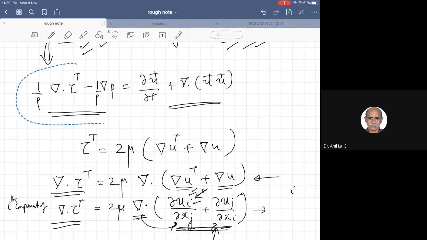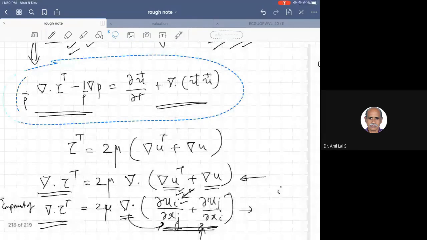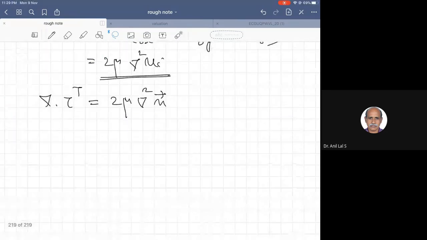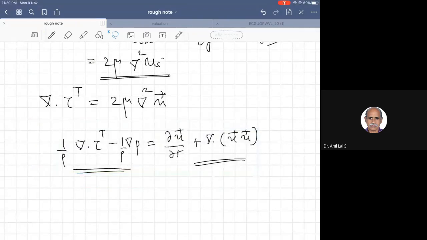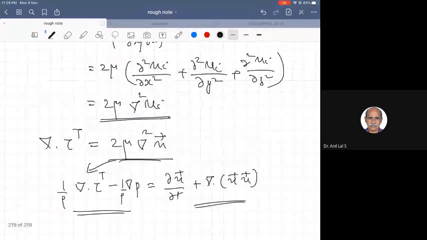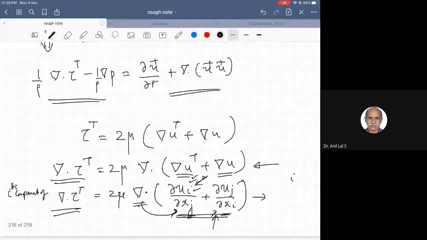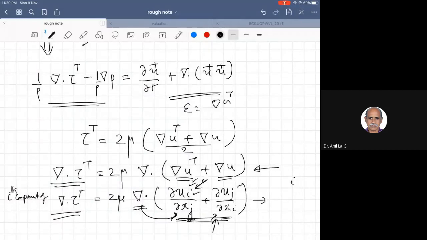So let us again take this. This we can substitute over here. Okay, there is a half also there. Actually, epsilon is (del u transpose plus del u) by 2, so there is a half everywhere.